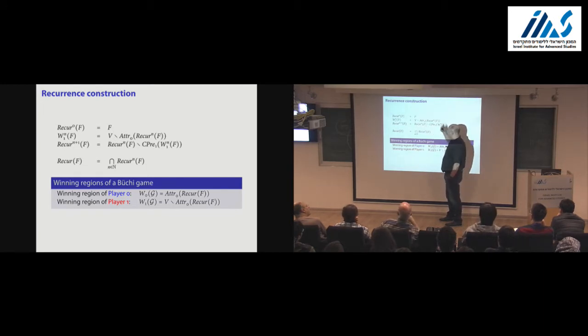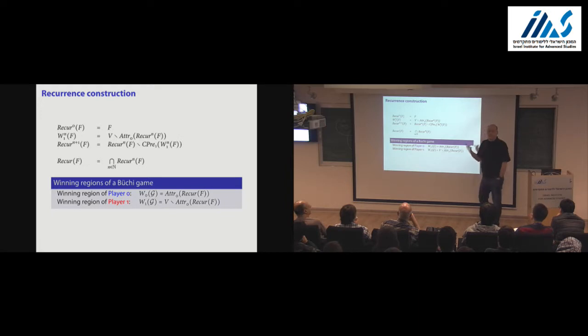So since these are states where we can only visit at most n times, we actually take the controllable predecessor from the perspective of player 1 of this set and therefore get the states that are in F where we can at least come back n+1 times. So we have increased the index here by 1, going from the guarantee that we can come back n times to the guarantee that we can come back at least n+1 times.